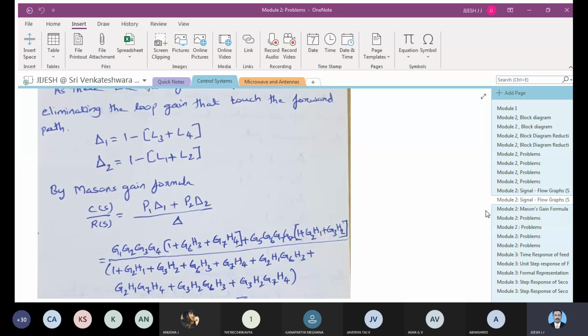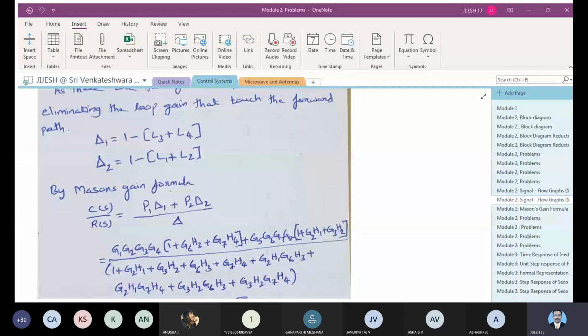So these are called non-touching loops if the node we have is not common to the two loops. Here, if you take this loop and this loop, you cannot say that they are non-touching because this node is common to both loops, so it is not a non-touching loop.